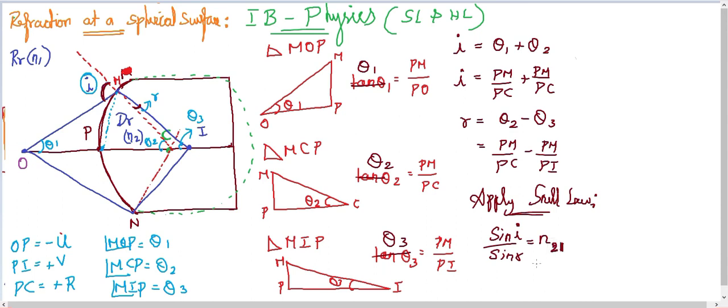Okay, so n2. Expanding this, sine i divided by sine r is equal to n2 divided by n1. Let me cross multiply this: n1 sine i is equal to n2 sine r.